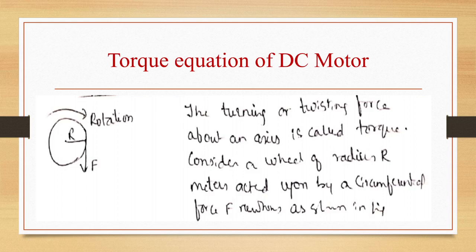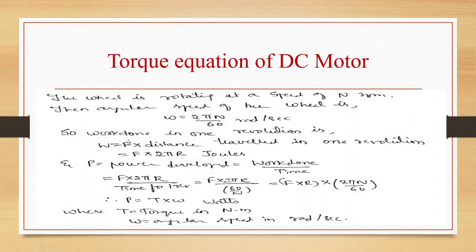Let us consider a wheel of radius r meters which is acted upon by a circumferential force F newtons. This is a wheel. It is rotating with some speed, the force on this is F newtons, and the radius of the wheel is r meters. The wheel is rotating at a speed of N rpm, revolutions per minute.